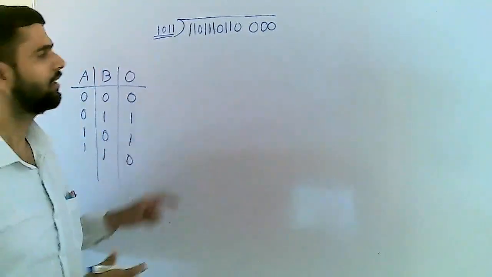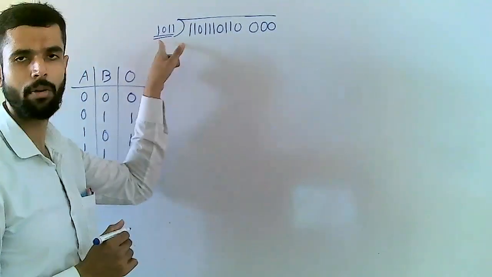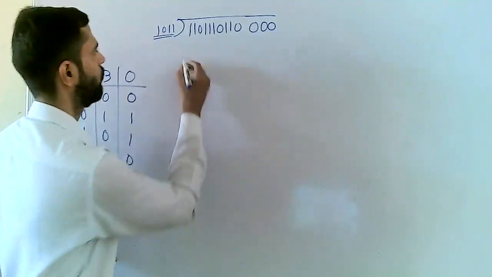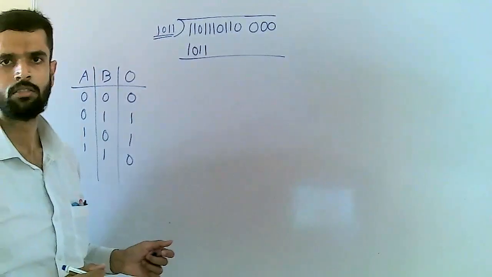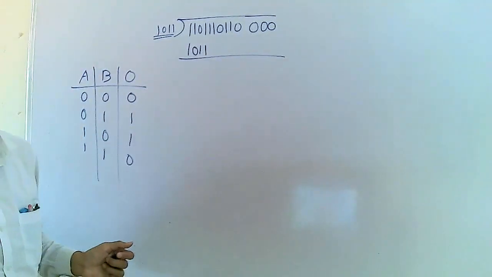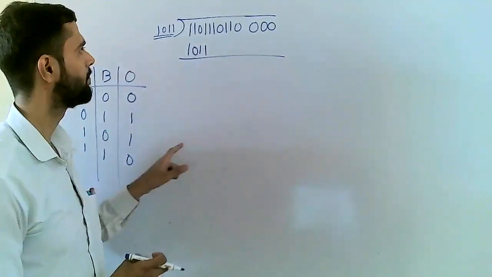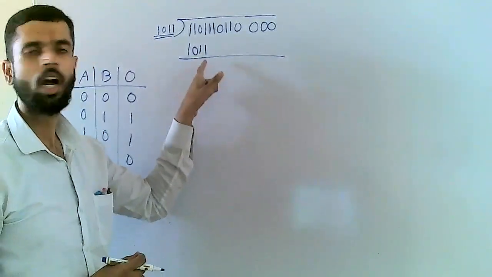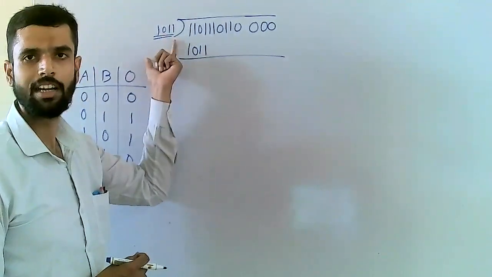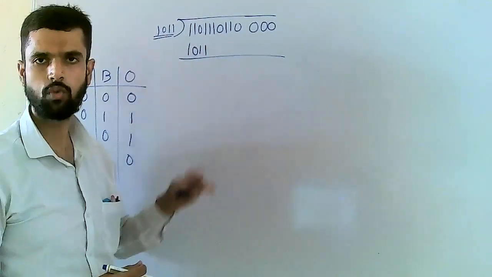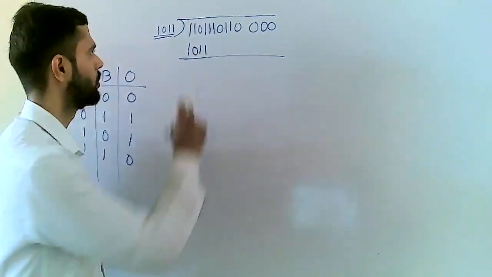Now let's start performing the logical division. We write 1 0 1 1. We have to take some extra bits of the dividend here. The length of the divisor is 4, so we should maintain 4 bits in the division also.